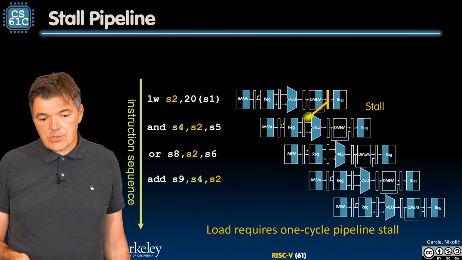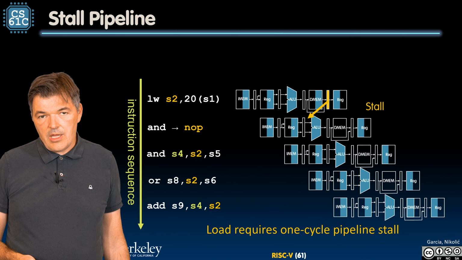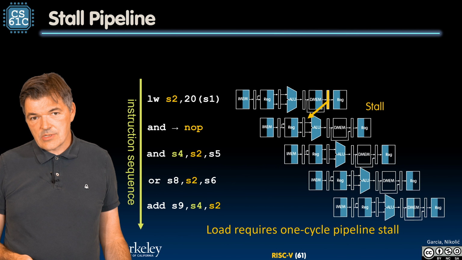It can't happen, so we need to stall the processor in order to slow down the execution, delay the execution of this AND. So we convert this AND into a NOP and move all the instructions by one cycle down the stream.